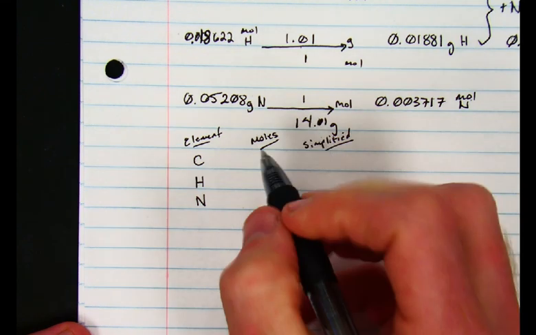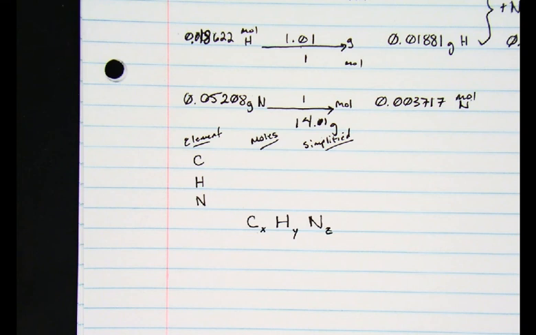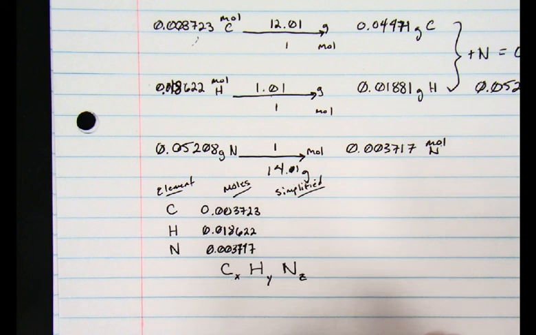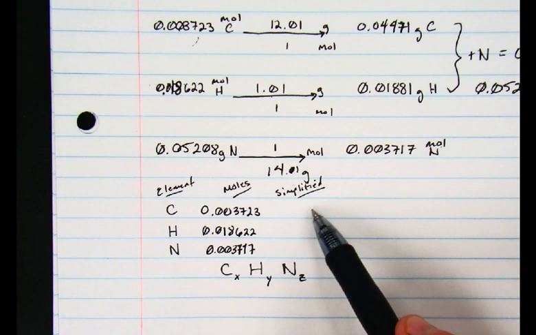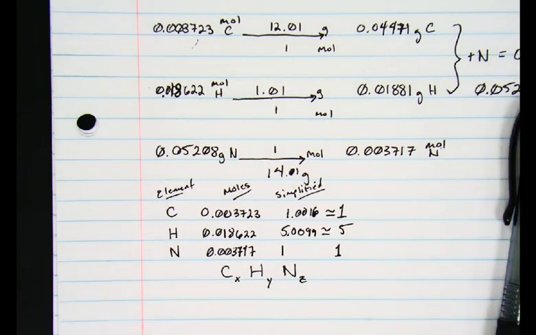So first let's take down our moles of each element. If we divide by the smallest of the three, we'll simplify it, hopefully into a whole number ratio. If we don't simplify it into a whole number ratio, well, we'll cross that bridge when we get there.